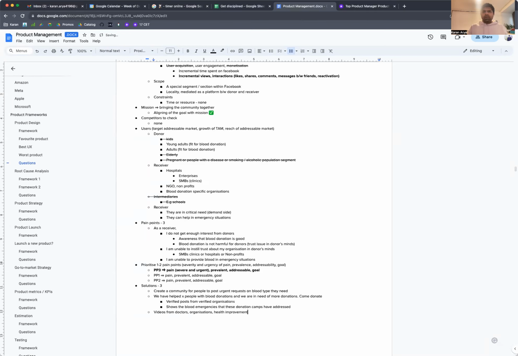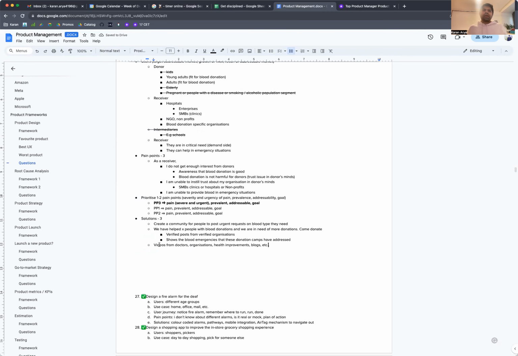In fact, improvements that can possibly be coming from blood donation, blogs, etc. So this is more like a content related solution that can be driven by this particular blood donation product.